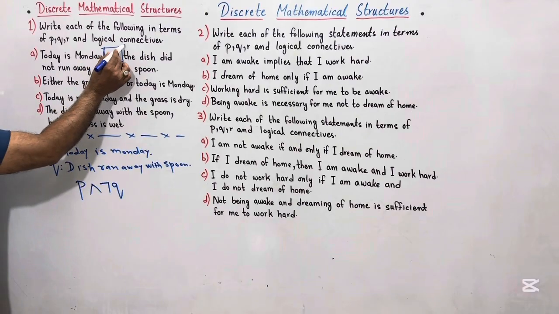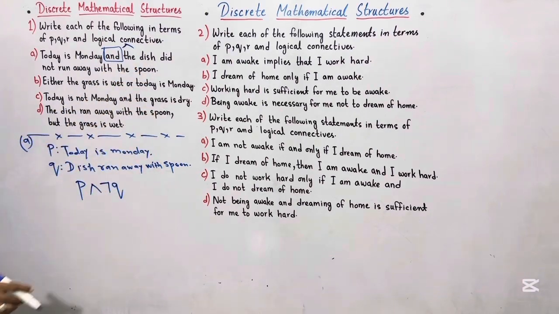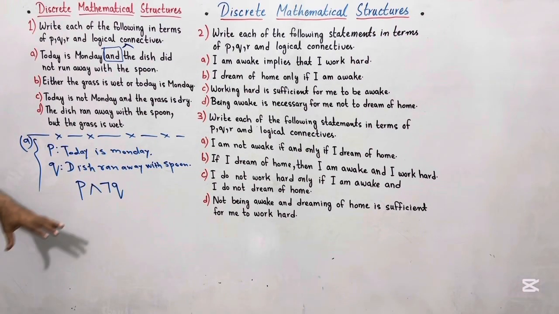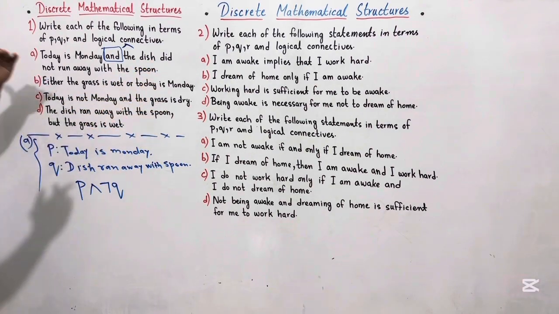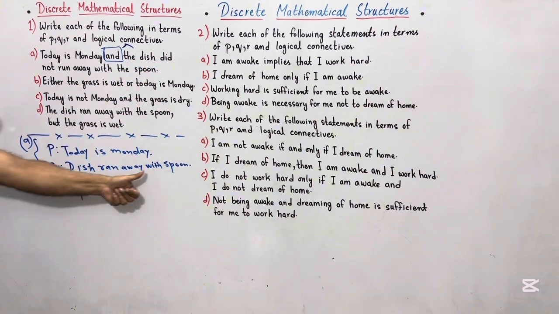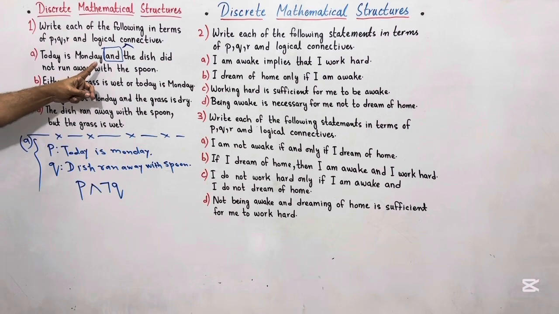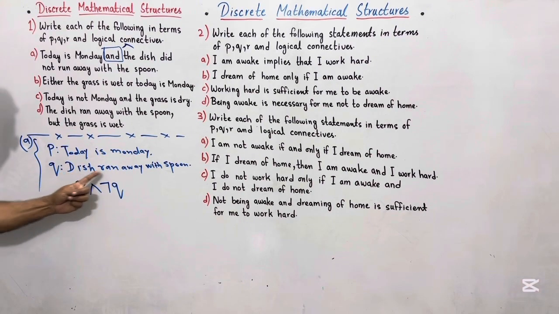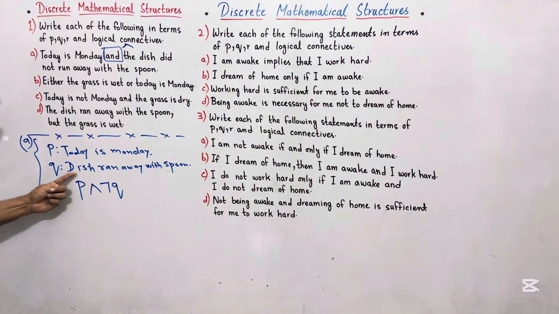And means conjunction. We have assumed that today is Monday is P, taken as positive. Q is the dish ran away with the spoon.